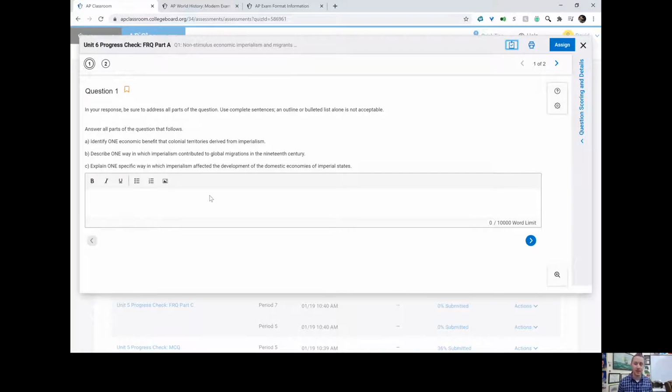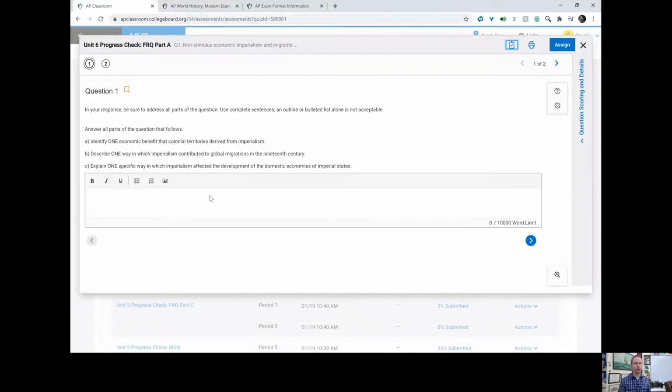And a specific economic benefit doesn't mean the economy went up or trade became popular. That is not a specific economic benefit, okay? You got to tell me what's going on. Talk about the textile manufacturing industry in India, okay? Something, I don't know. Pick your specific thing that you're focusing on and go there.